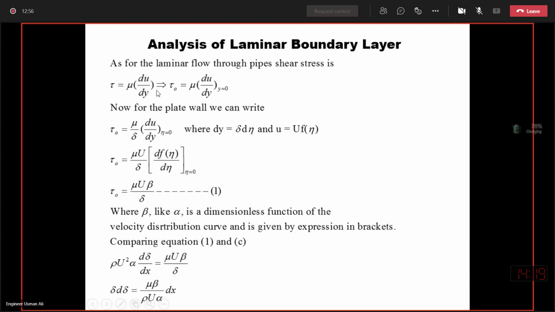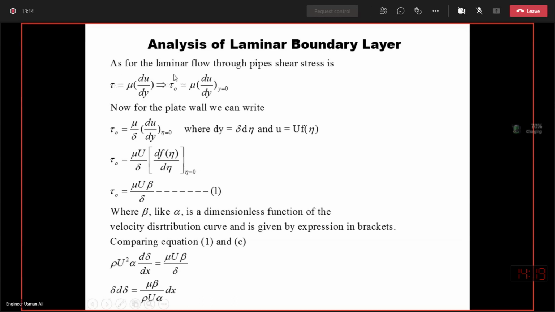If you want to write this equation near the boundary of the pipe, tau becomes tau naught, the boundary shear stress, while tau is the local shear stress, which is anywhere between the boundary and the center of the pipe. Tau naught is at the boundary of the pipe.